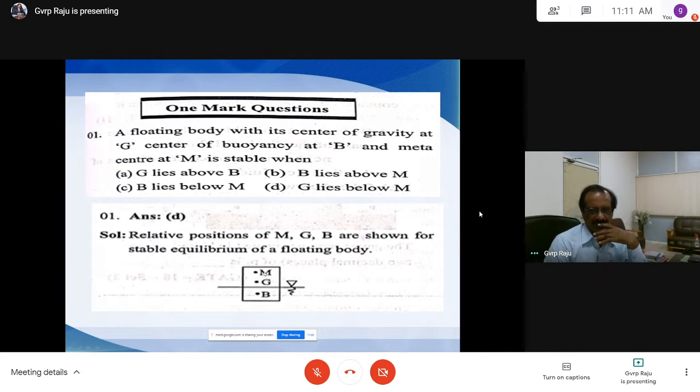So M, G, B: the center of gravity is above buoyancy, and the metacenter is above the center of gravity. So the answer is D. G lies below M.